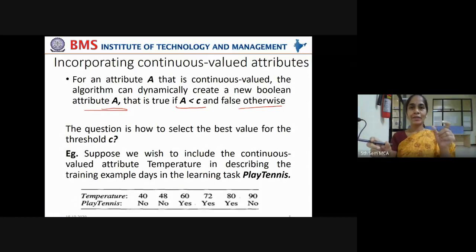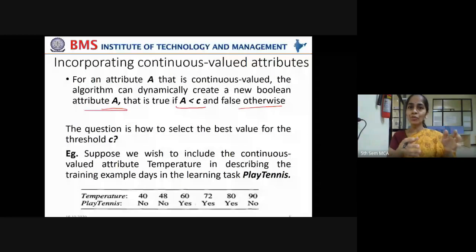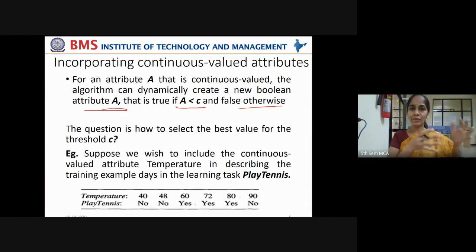What we are doing here: if it is lesser than 10,000, true for all those, all those records will be classified onto one side, and income greater than 10,000, all those training examples will be classified onto the other side. Okay, this is how we are building an interval. Lesser than 10,000 falls on one branch, greater than 10,000 falls on another branch. We are converting a continuous valued attribute into a discrete valued attribute, which will be answered as yes or no to a condition given as the attribute name.